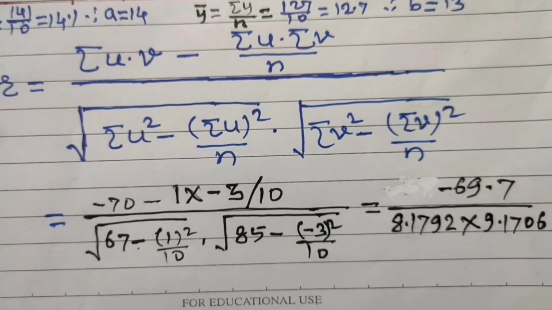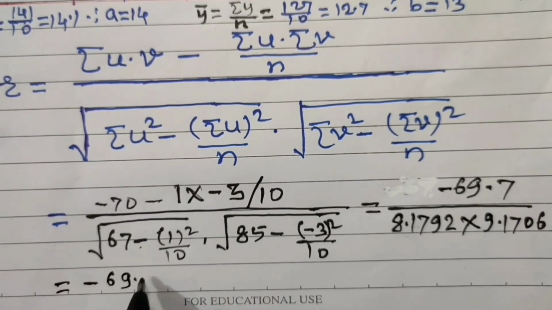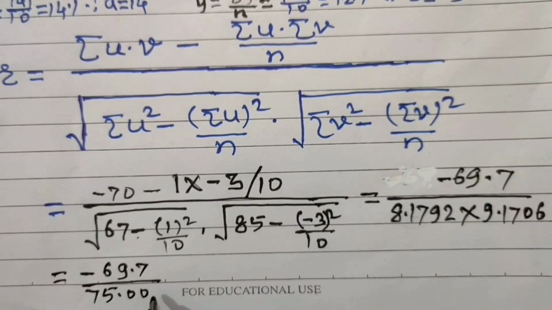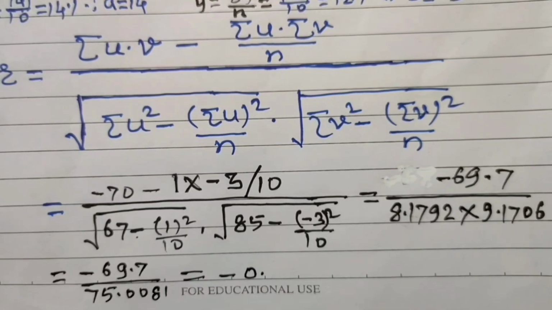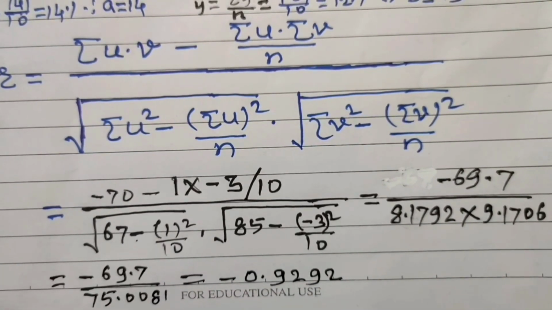This is equal to minus 69.7 divided by 75.0081, and finally this is equal to minus 0.9292, and this is the value of the coefficient of correlation.